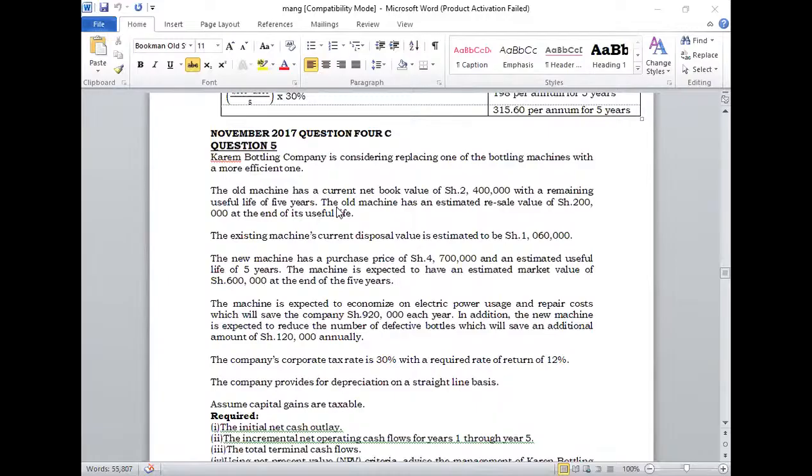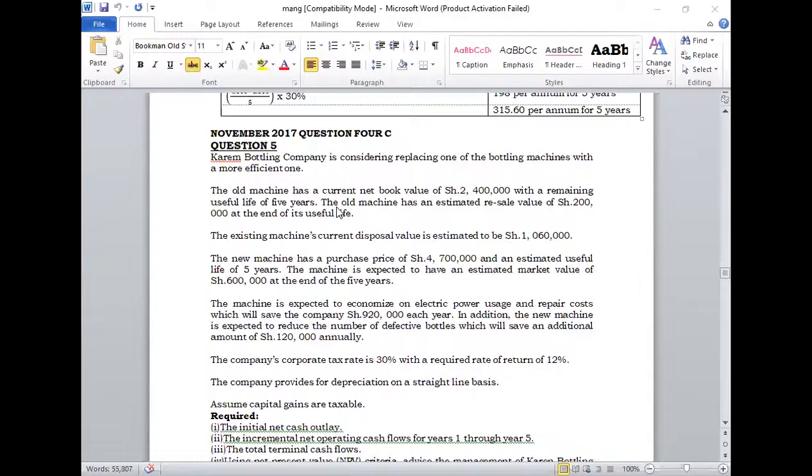The existing machine's current disposal value is estimated to be 60,000. The new machine has a purchase price of 4.7 million and an estimated useful life of 5 years. The machine is expected to have an estimated market value of shillings 600,000 at the end of the 5 years.